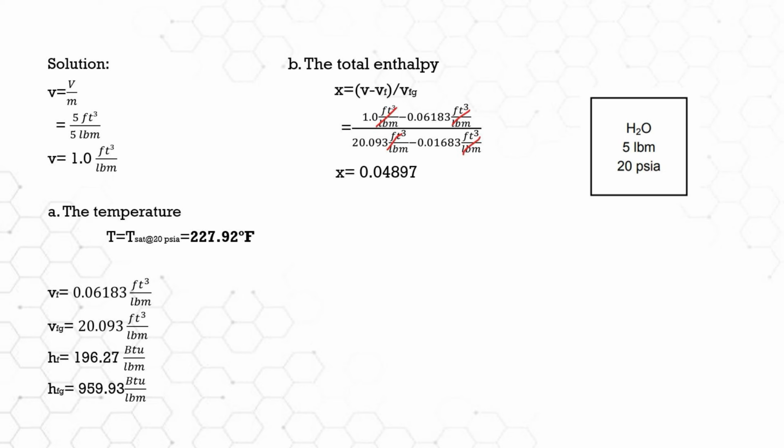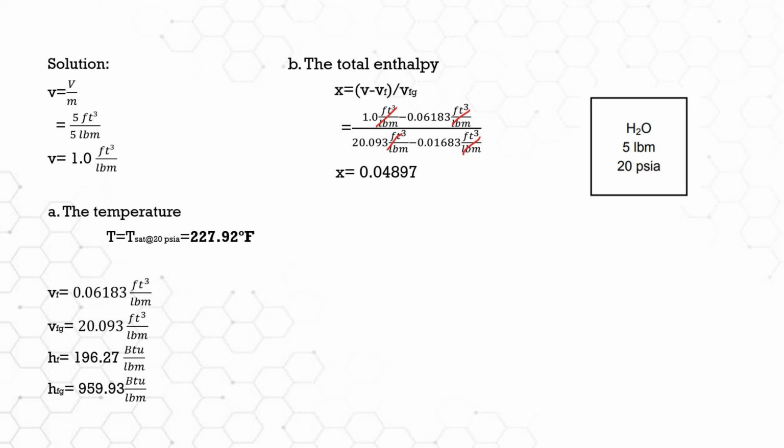Next, for our specific enthalpy, from our property table at table A-5E, we determine the value of our enthalpy at saturated liquid, which is 196.27 British thermal unit per pound mass, and the enthalpy at evaporated phase equals 959.93 British thermal unit per pound mass.